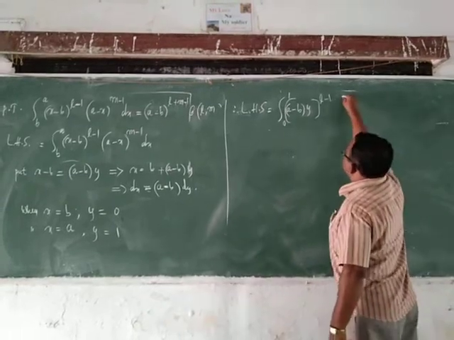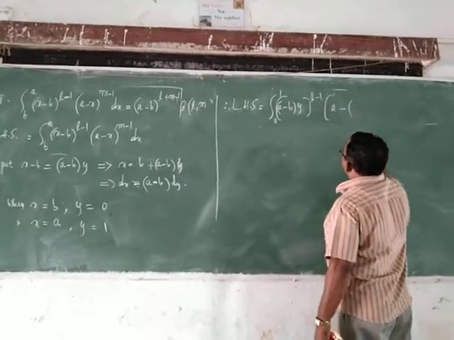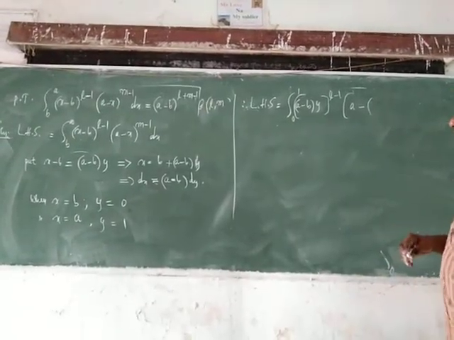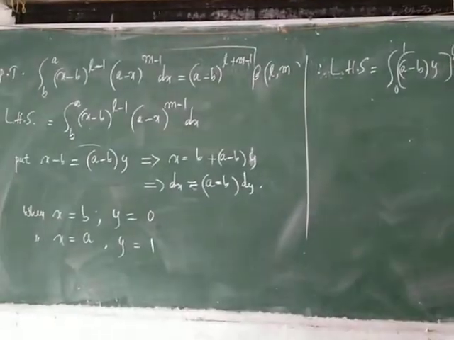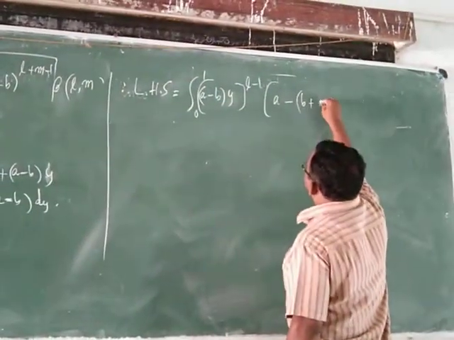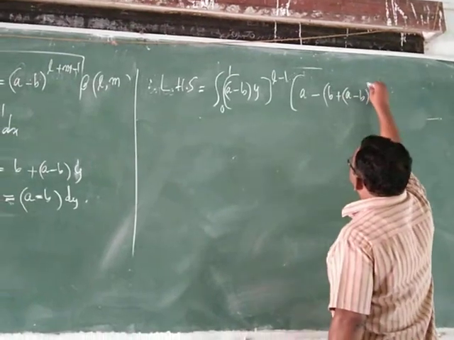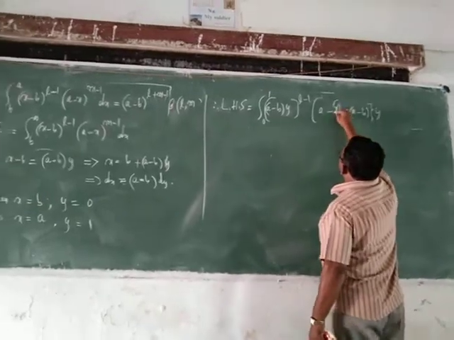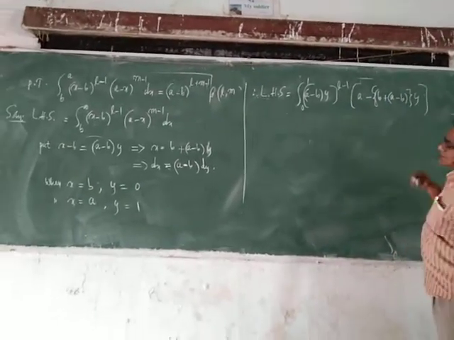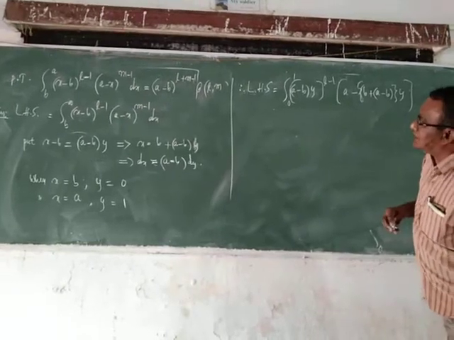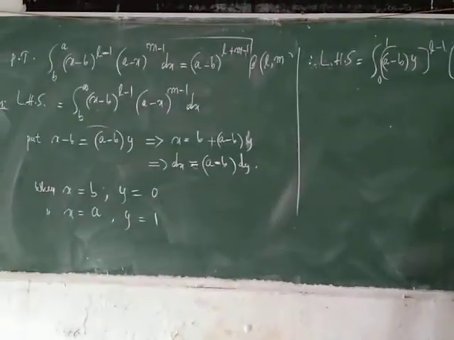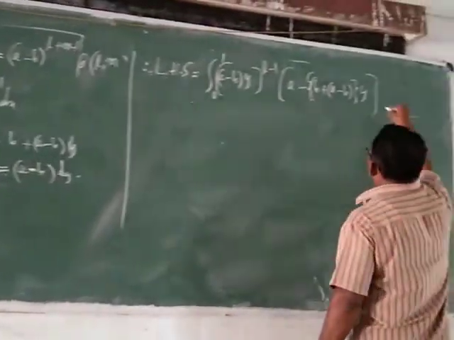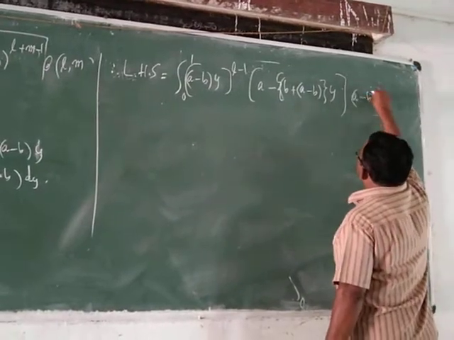What is your a minus x? What is your x here? b plus (a minus b) into y. And instead of dx, what is your dx here? (a minus b) into dy.